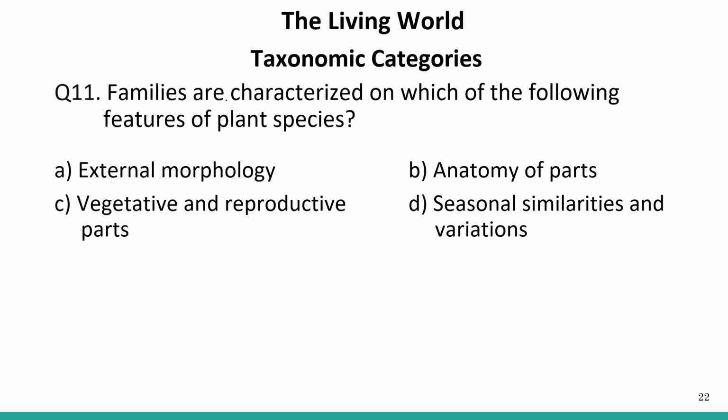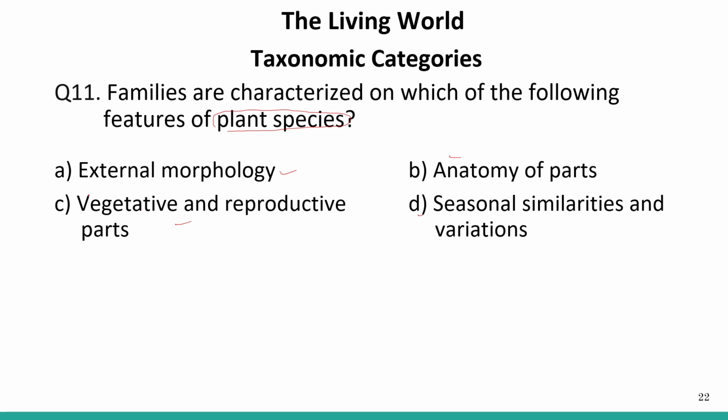Now the next question is, families are characterized on which of the following features of plant species? Alright, the first option is external morphology, second is anatomy of plants, third is vegetative and reproductive parts, fourth option is seasonal similarity and variation. Again, this is a straightforward question.